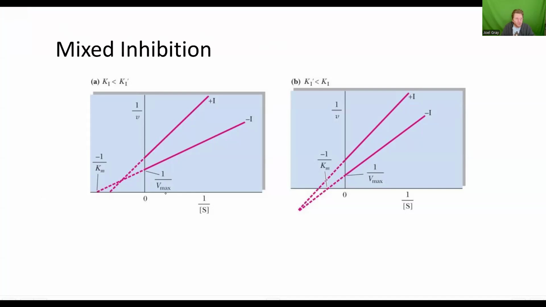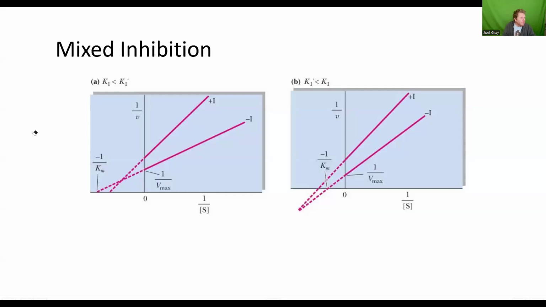To answer that, all you need to do is go to the y-axis. You see Vmax, Vmax, they're different. Vmax, Vmax, they're different. So in that case, we do not have a non-competitive inhibitor.